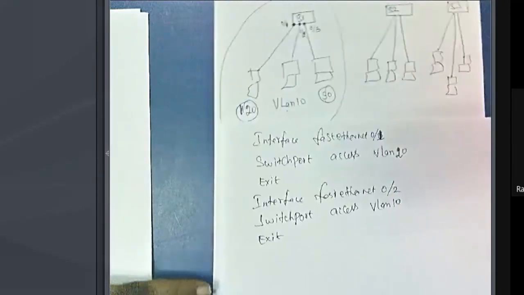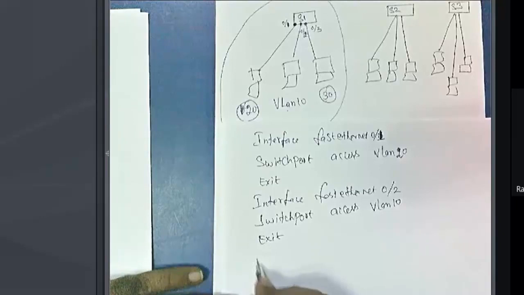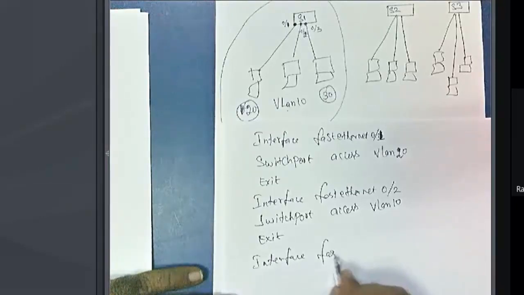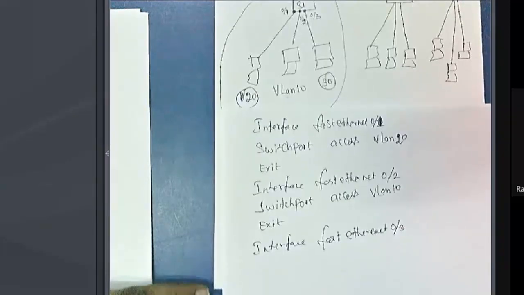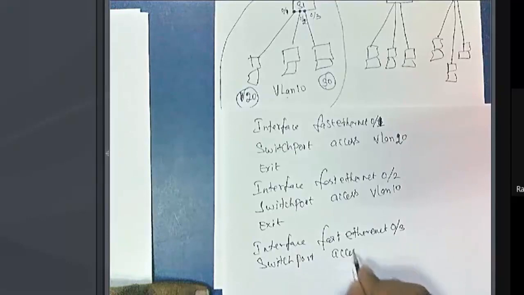Then go to the next one. The next one is interface FastEthernet 0/3. Now this is switchport access VLAN 30, exit.